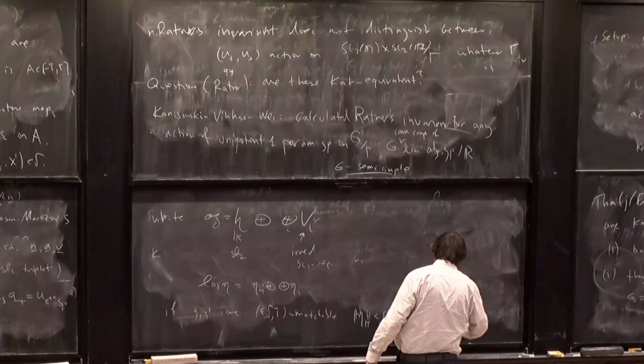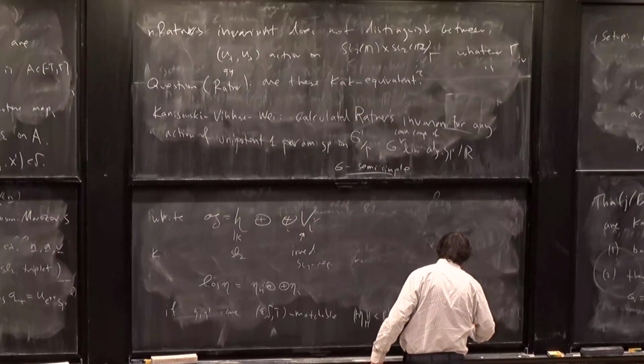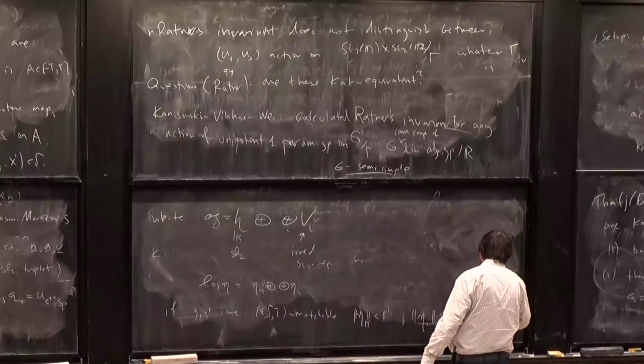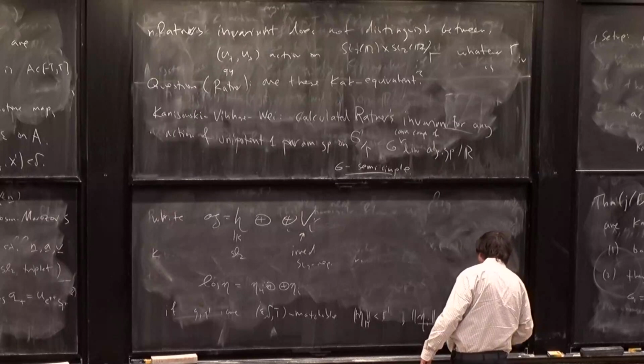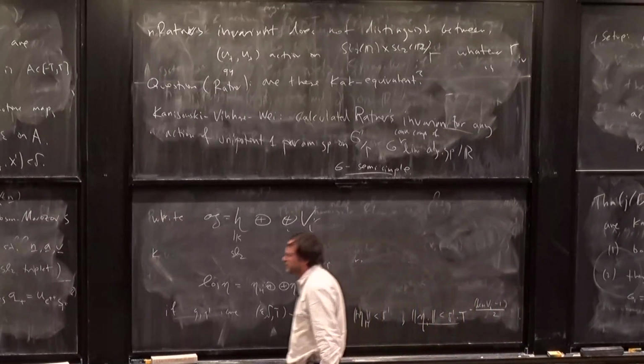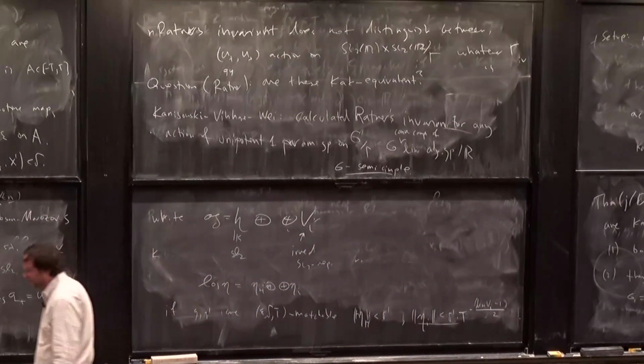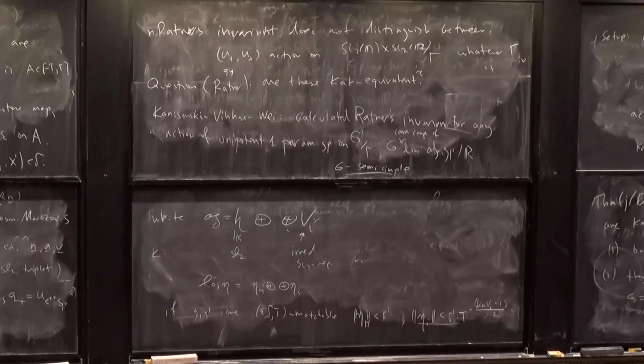They would be smaller than some delta prime times t to the minus the dimension of Vi minus 1 over 2, something like that. Okay, so it's not so important. You could calculate it, a kind of Lie algebra calculation, if you have two points that are matchable. That's sort of easy.